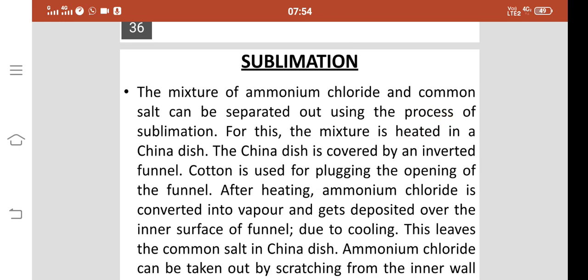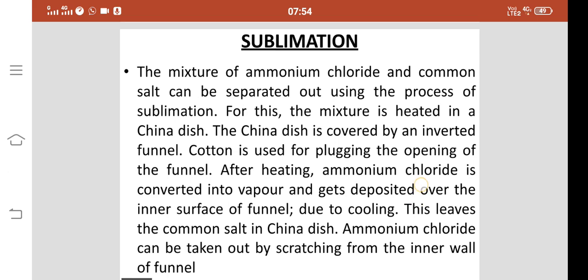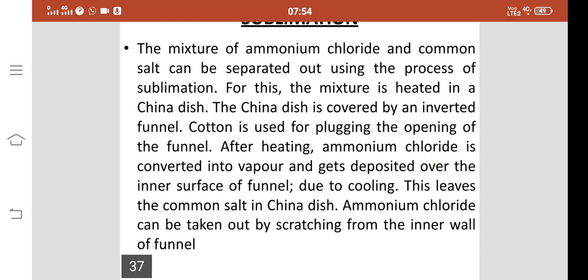The mixture of ammonium chloride and common salt can be separated using the process of sublimation. For this, the mixture is heated in a china dish. The china dish is covered by an inverted funnel. Cotton is used for plugging the opening of the funnel.